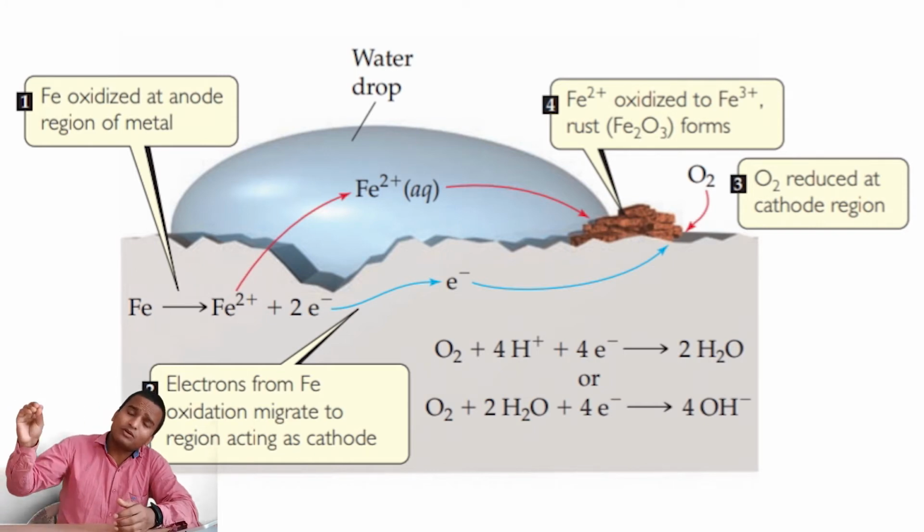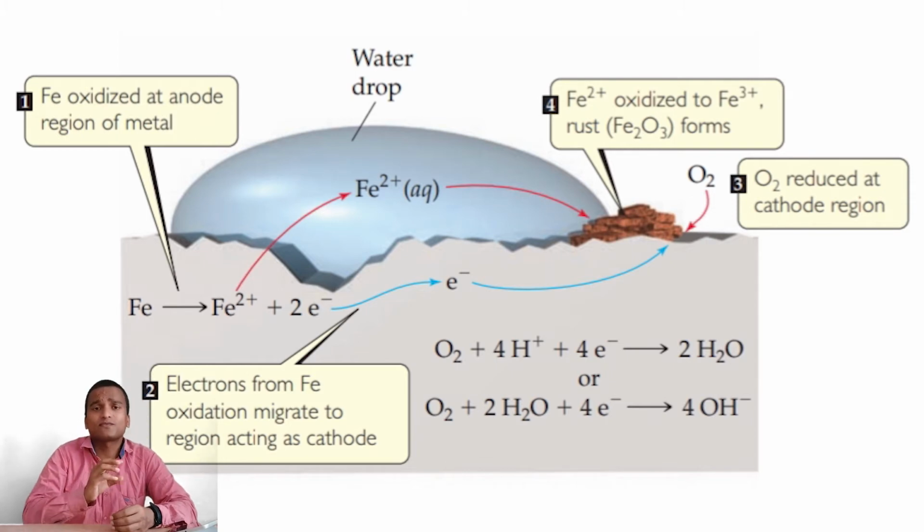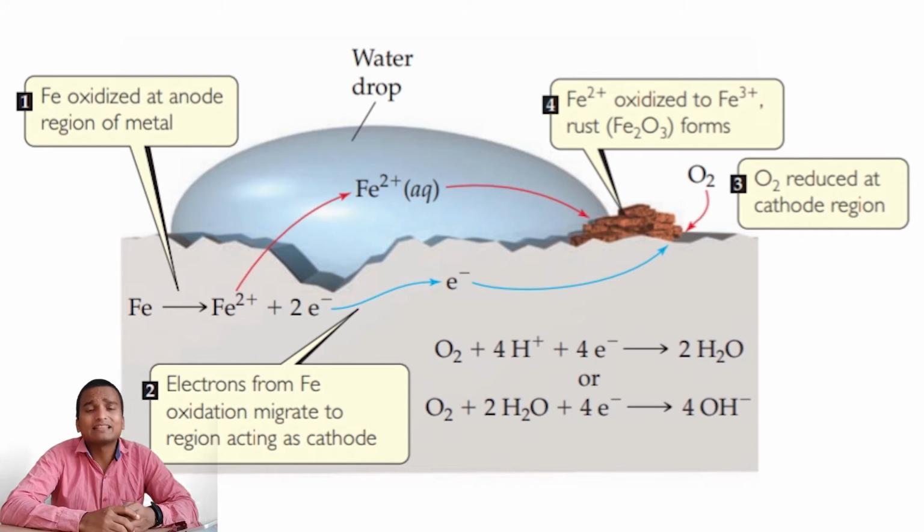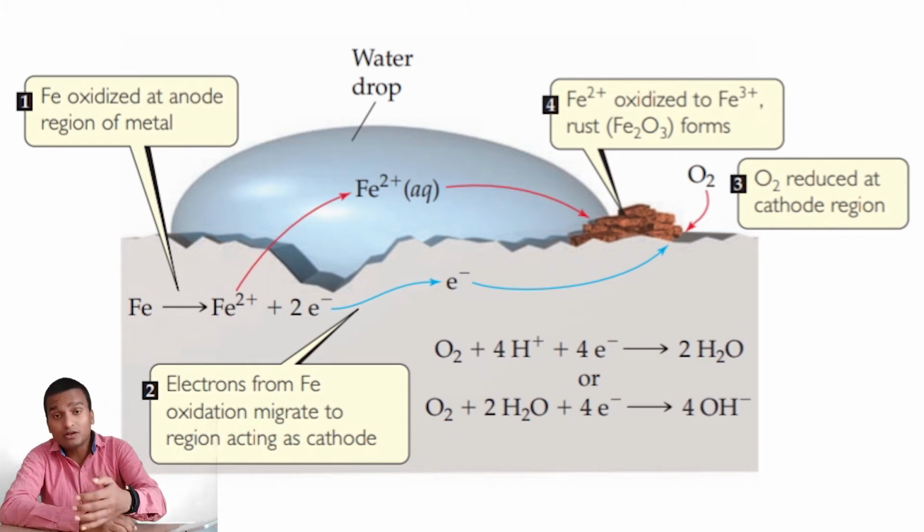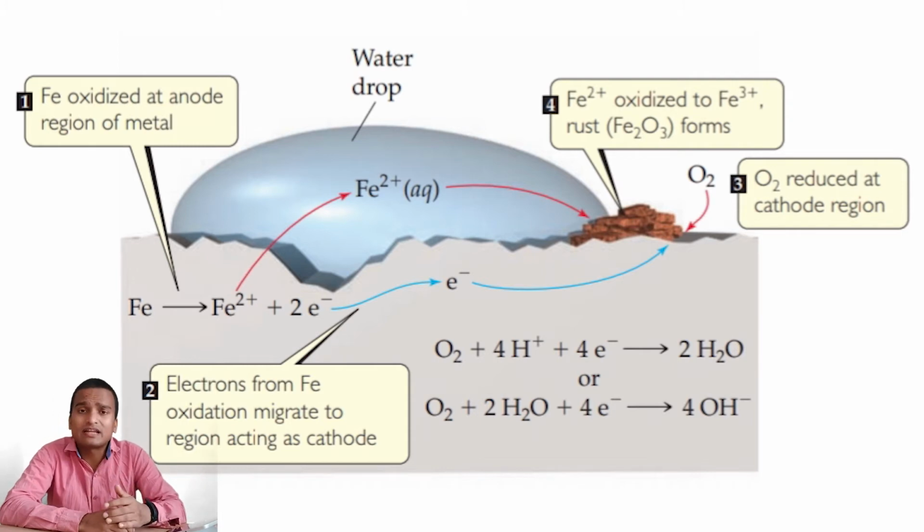And these hydroxyl ions at the cathode react with the ferrous ions from the anode and form ferrous oxide. This ferrous oxide is further oxidized and forms ferric oxide. And this ferric oxide is called red rust. And this red rust is the corrosion of steel.